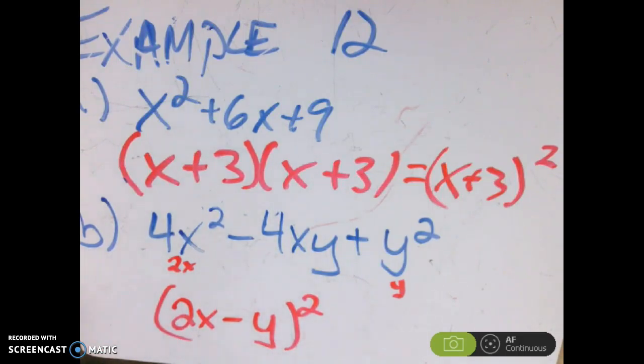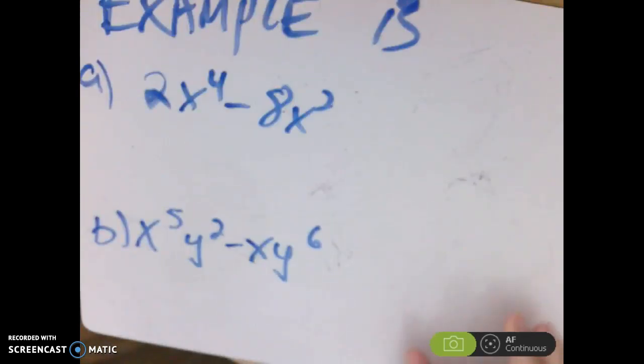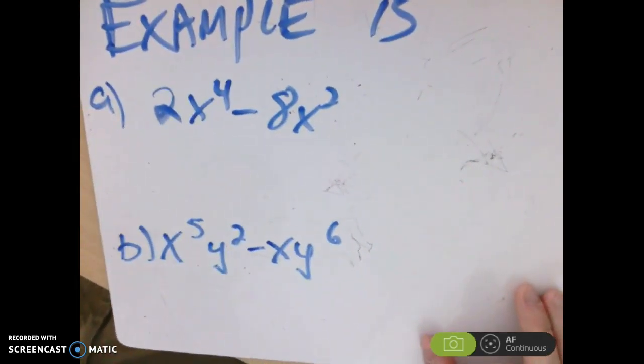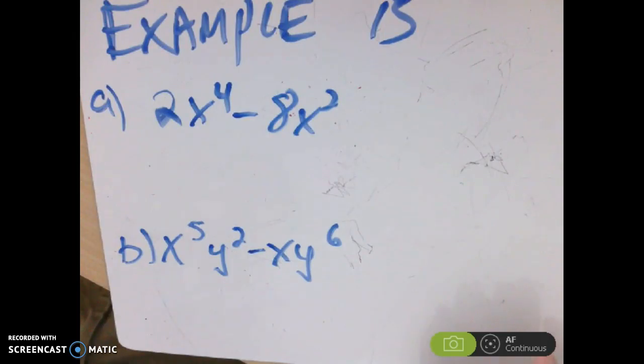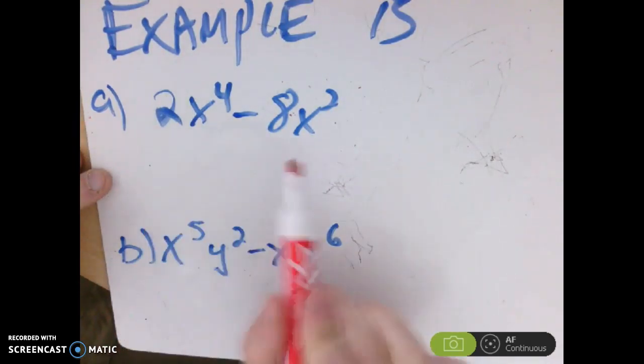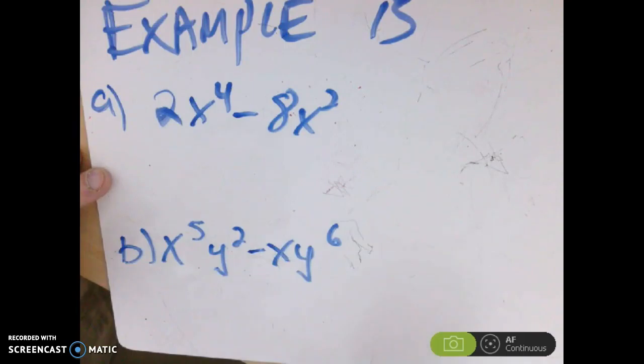So now, on to example 13. For example 13, we have this binomial, and it doesn't look like I can do too much with it yet, but I do see a GCF in it. I see that this has a 2 and this has an 8, so I know I can take out a 2 from everything.